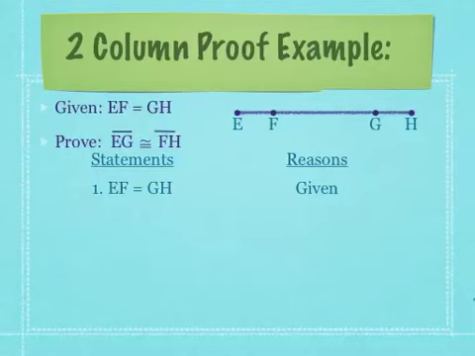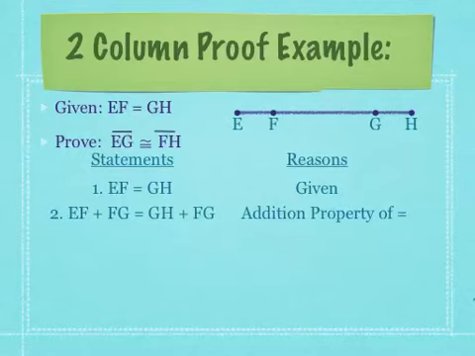Because they're both sharing the segment FG, for segment EG, I have my given EF and the segment FG. For segment FH, I have my given GH plus the segment FG. So from statement number one, I am going to add FG to both sides. Remember, when you add the same thing to both sides, it is the addition property of equality.